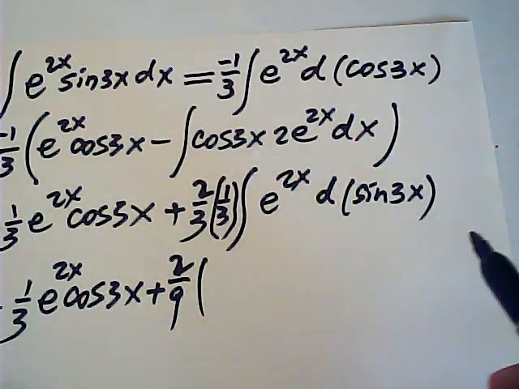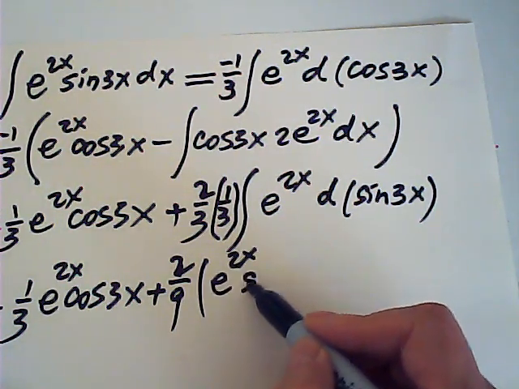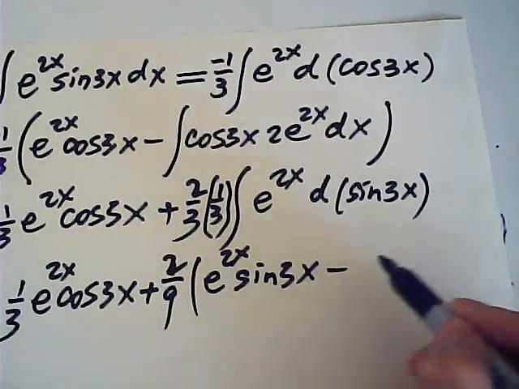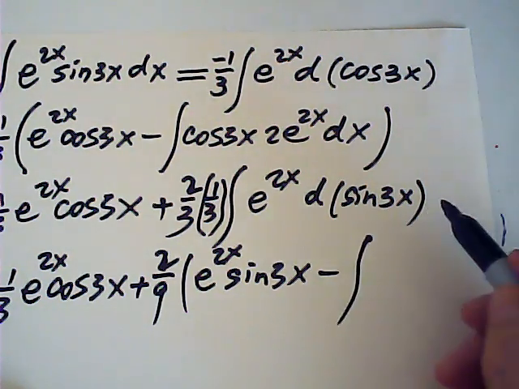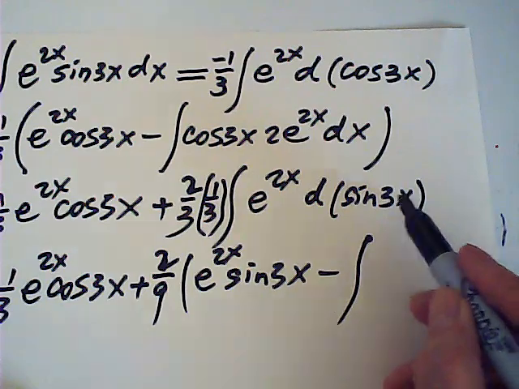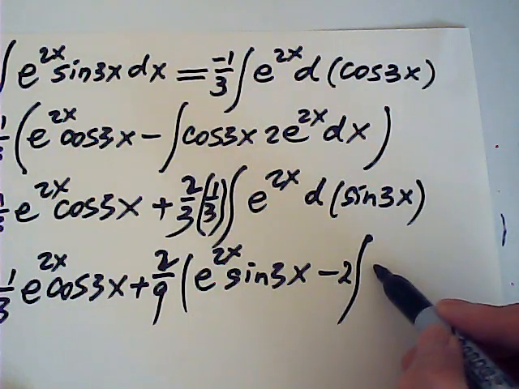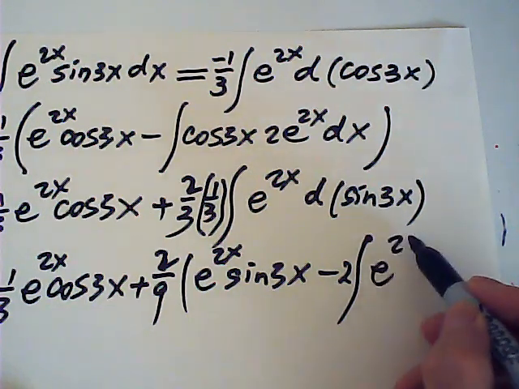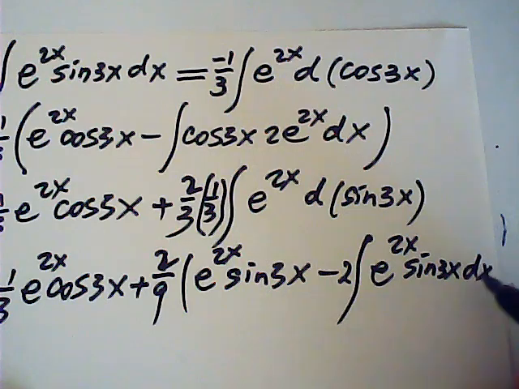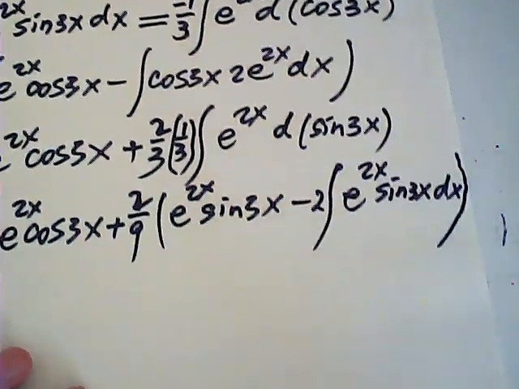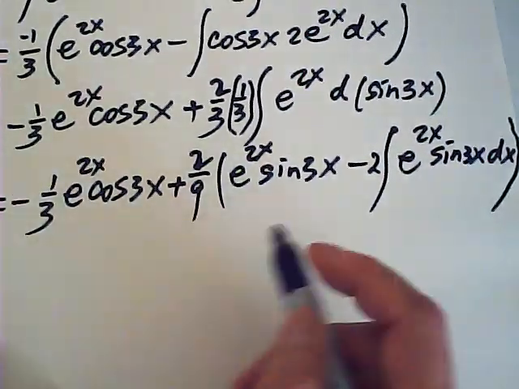And this is by parts again. e to the 2x times v minus the integral of this one times this one's derivative, right? So it becomes 2 e to the 2x sine 3x dx. I hope everything follows.